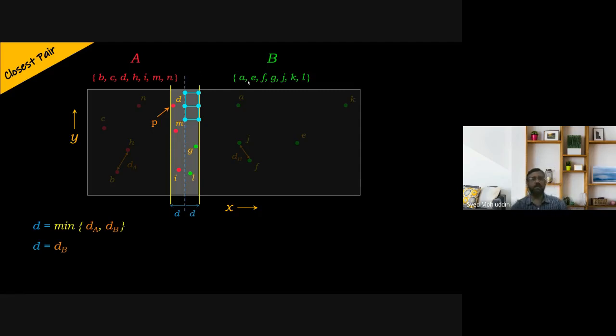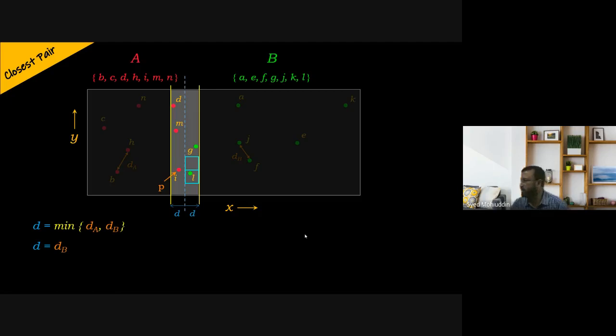Now, does any point lie within this region? No. Then we select the next point in region A, within the shaded region, that is the red one. Are there any points which lie within this region of the two blue boxes? No. So that means we have not yet found anything closer than DB, that is J and F. Then we have a last point I. When we draw the region of the 6 points from I, point L lies within that region.